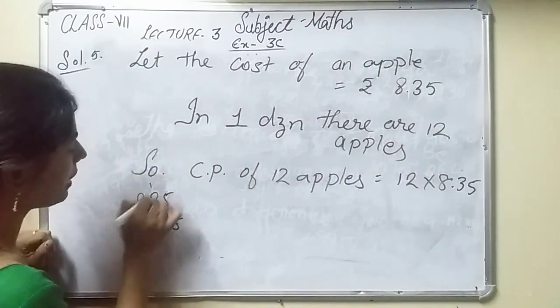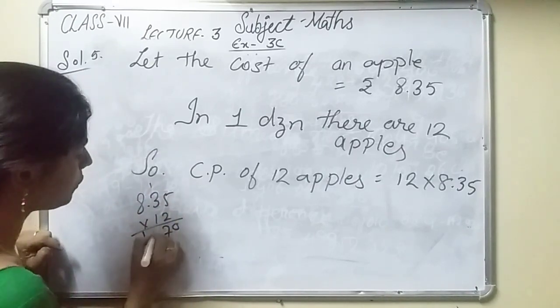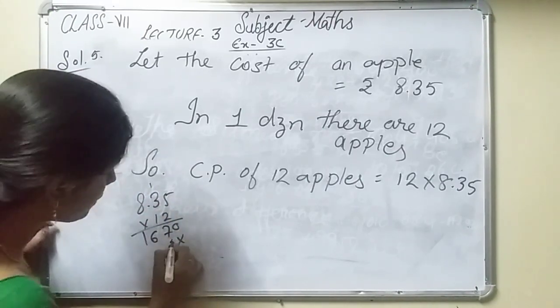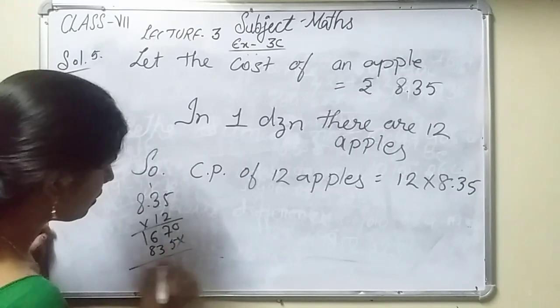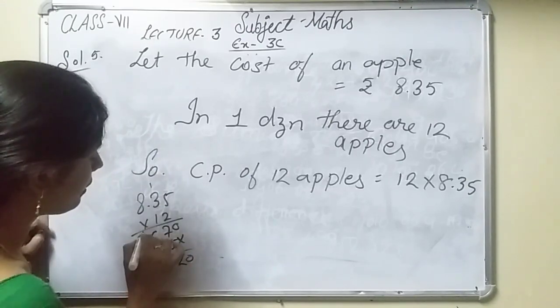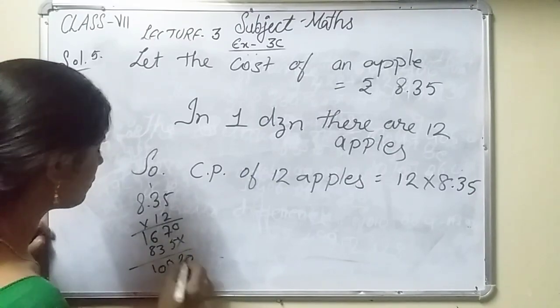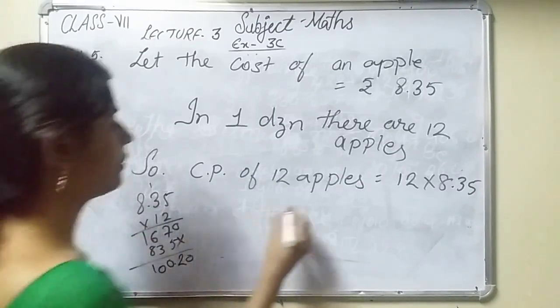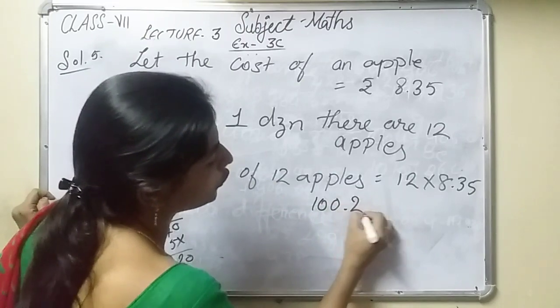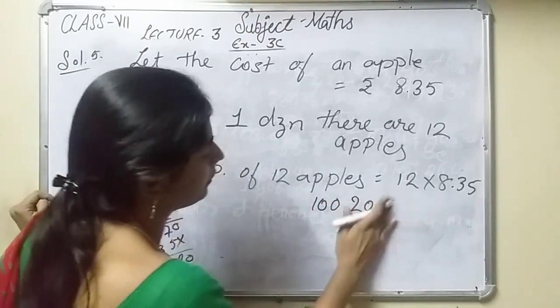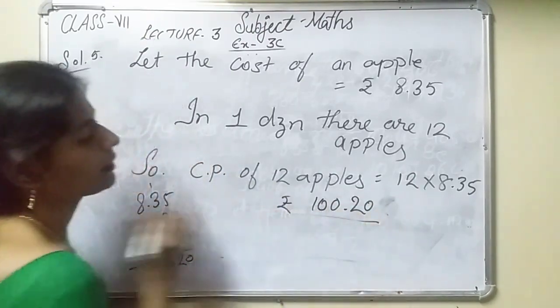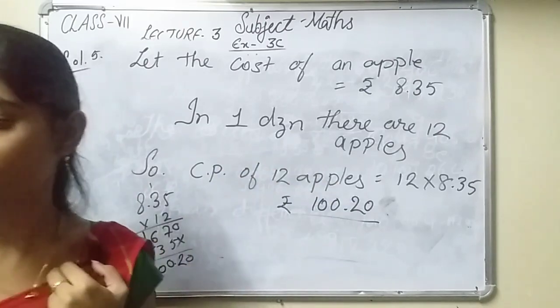The answer is 100.20 rupees, the price of 12 apples.